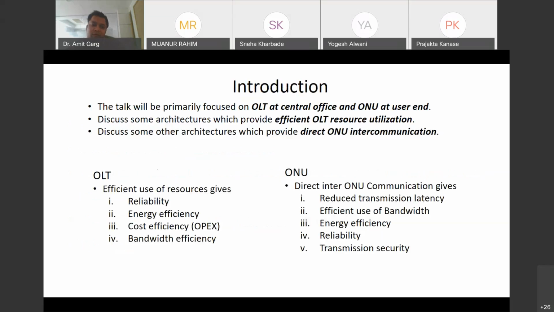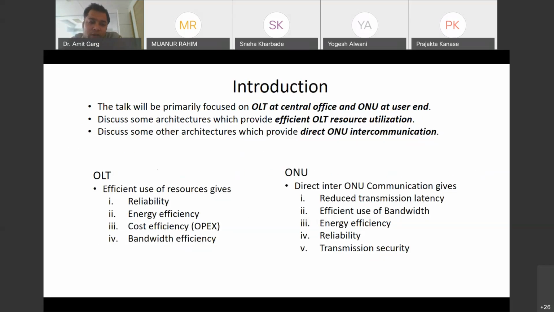So basically, in this talk, I will be more focusing on resource optimization. That is, how to utilize the OLT resources optimally to reduce the energy consumption, or utilize resources properly.